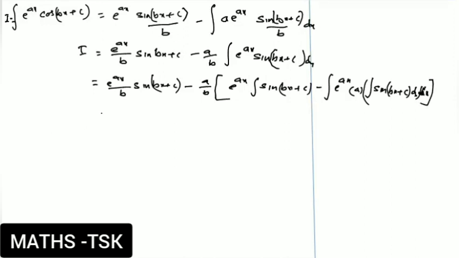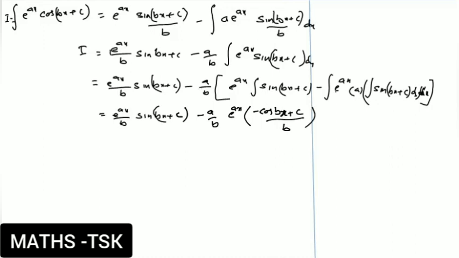So here it is e power ax by b sin of bx plus c, minus a by b into e power ax sin of bx plus c integration is minus cos of bx plus c by b. Okay, and then multiply this with this, minus of minus a by b into e power ax into a, integration of this is minus cos bx plus c by b into dx.